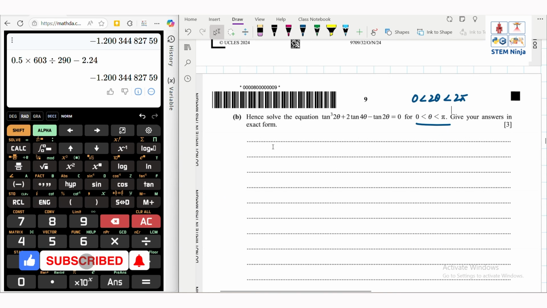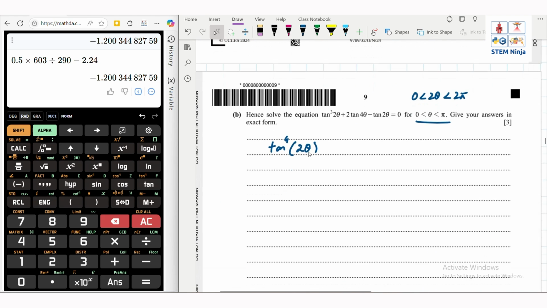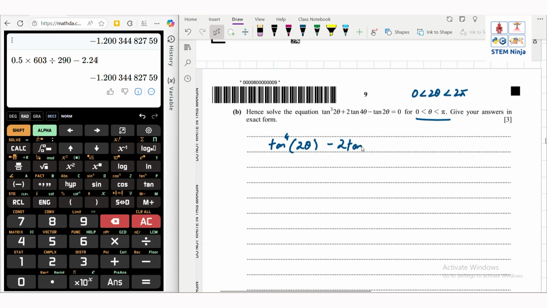So we have tan to the power 4 of 2 theta minus 2 tan squared 2 theta minus 3 equal to 0. Solving for tan squared 2 theta, we can do this with a quadratic form. So we take u as tan squared 2 theta. This transforms it into u squared minus 2u minus 3 equal to 0.